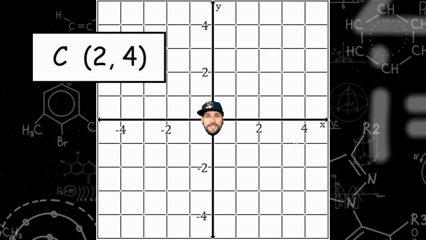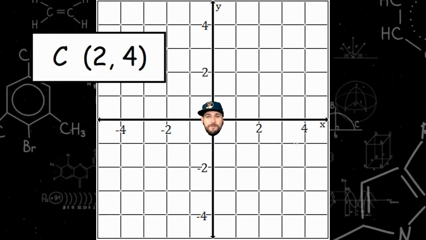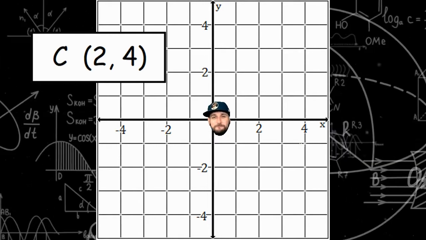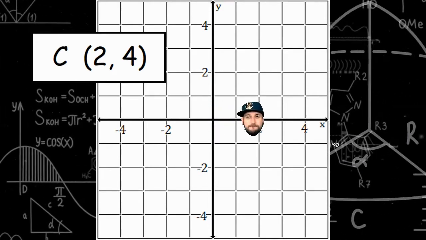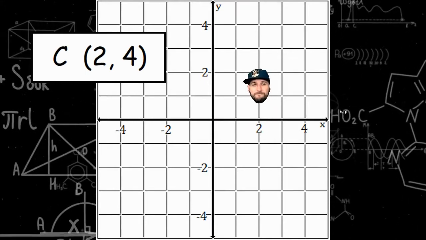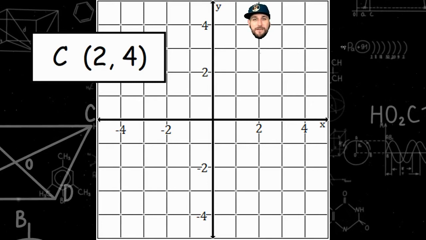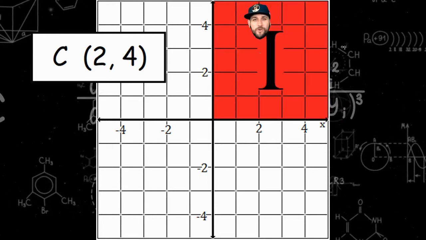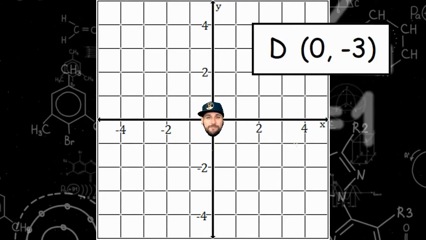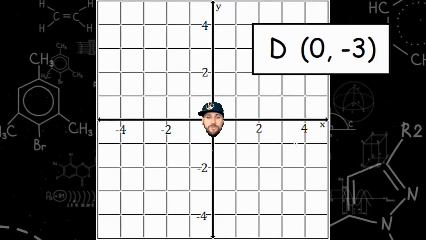Point C is at 2, 4, so my x-coordinate is 2, so I go to 2 on the x-axis. Then I go to 4 on the y-axis, and I'm at my ordered pair 2, 4 in quadrant 1. Point D is at 0, negative 3. 0 is my x-coordinate.